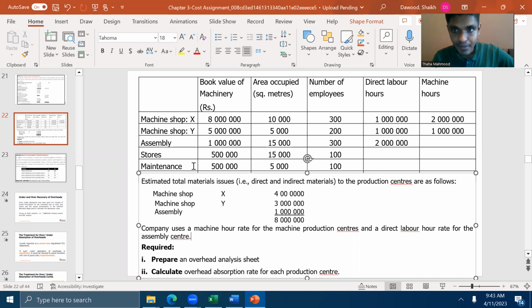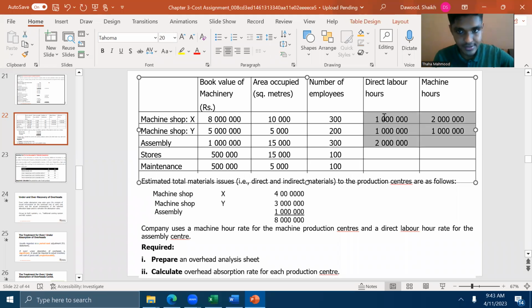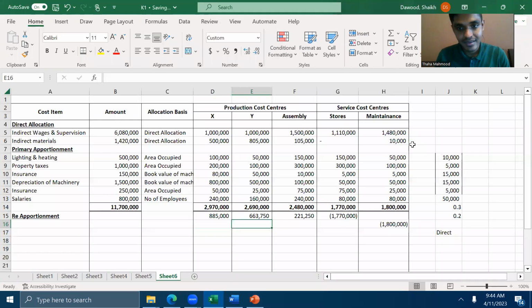Since the maintenance department provides the only we have two bases, we can use either machine hours or direct labor hours, but since direct labor hours is the only basis which is common to both all three production cost centers, the most suitable basis would be direct labor hours. Like I said, it's very arbitrary. Arbitrary it's random. So that would be 3 million.